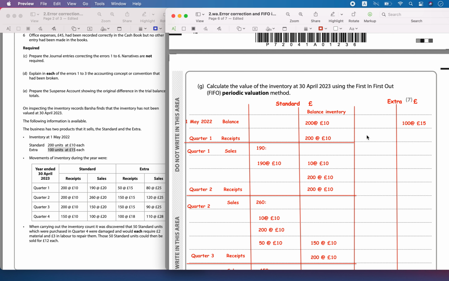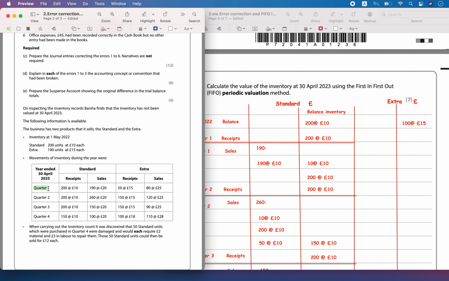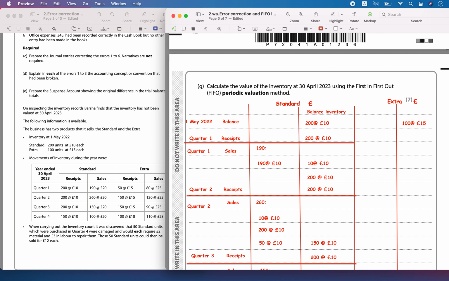And how will you find the cost of sales? If you add up all your sales which have been issued, you will get COS, cost of sales. So now let's write, another purchase happened. It was 50 at 15 pounds. So in quarter one, the receipts were 50 at 15 pounds.